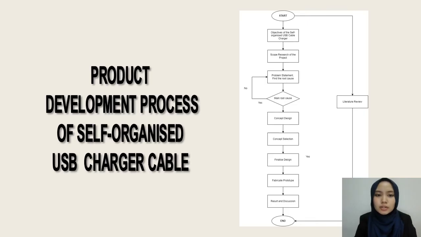This is the product development process of the self-organized USB charger cable, which starts with the objective of the self-organized USB charger cable, scope of the research of the project, problem statement, finding the root cause, finding the main root cause, concept design, concept selection, finalize design, fabricate prototype, and result and discussion.